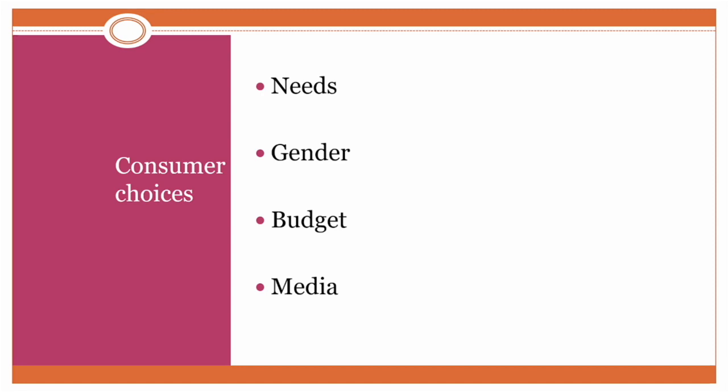Another point is gender, whether you are a boy, man, or a girl, woman. The next consumer choice is budget. Consider the money available and how much can be spent on goods and services on a weekly or monthly basis.